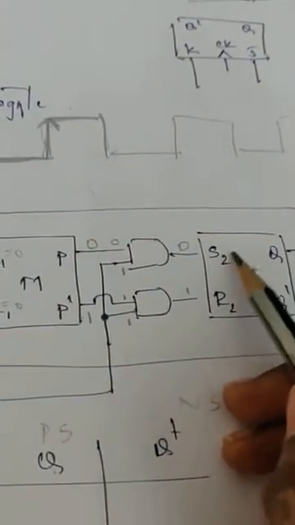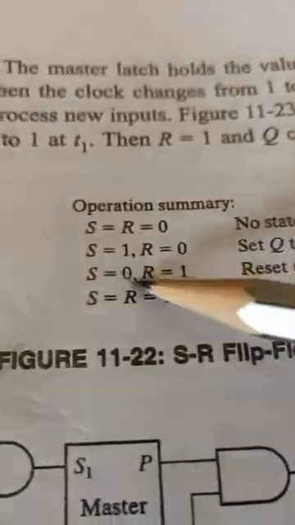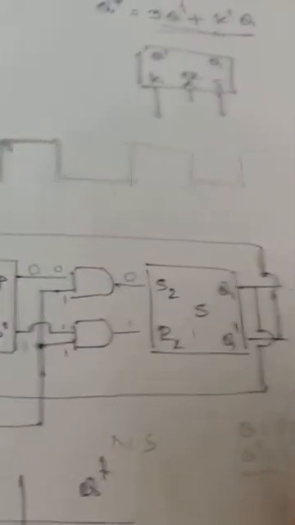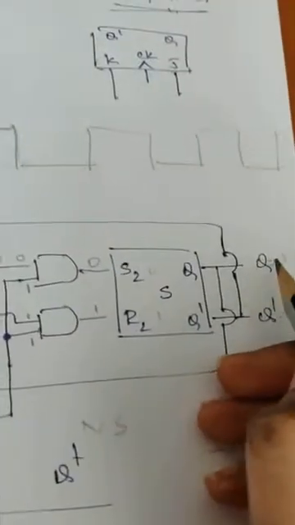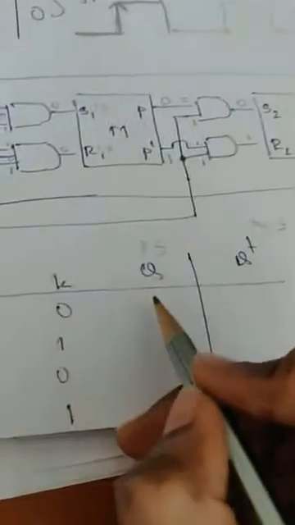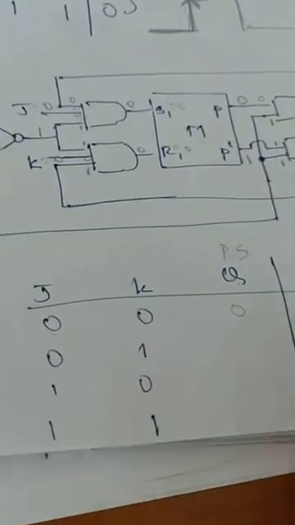So S is equal to 0, R is equal to 1. What will be the output? When S is equal to 0, R is equal to 1, it is reset, Q is equal to 0. So Q will be 0 and Q bar will be 1. If the present state is 0, the next state will be 0. It will be the reset state.